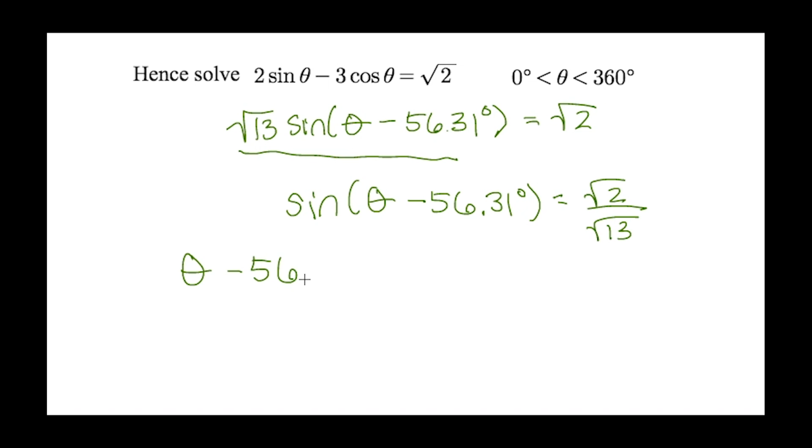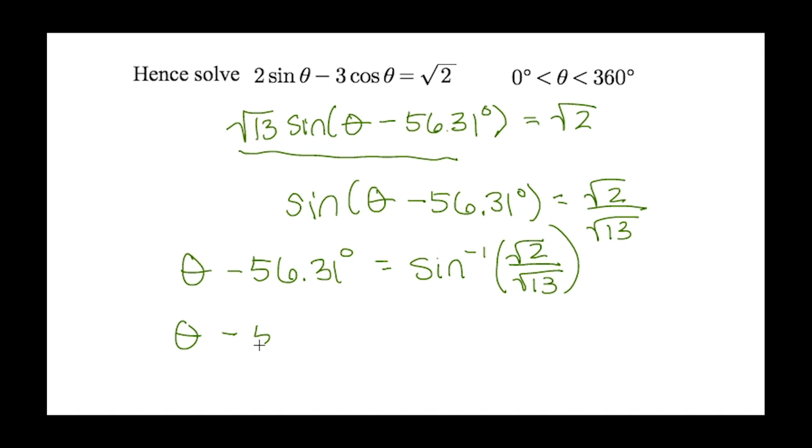Theta minus 56.31 is the inverse sine of root 2 over root 13. And that means theta minus 56.31 equals 23.09 degrees.